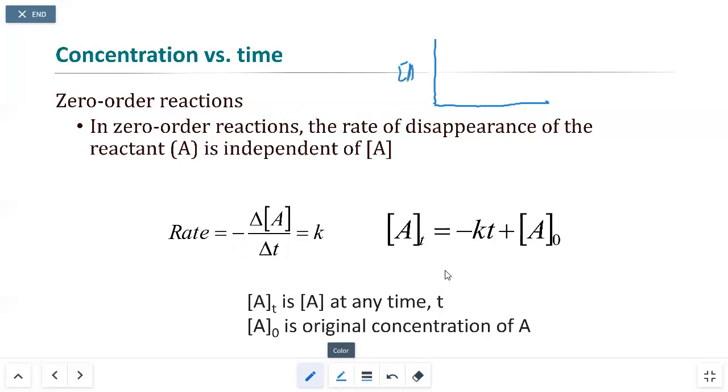So if I'm looking at the concentration of A over time, what I'm going to find is that that rate of disappearance isn't going to change regardless of whether we're at the beginning of the reaction or at the end of the reaction.